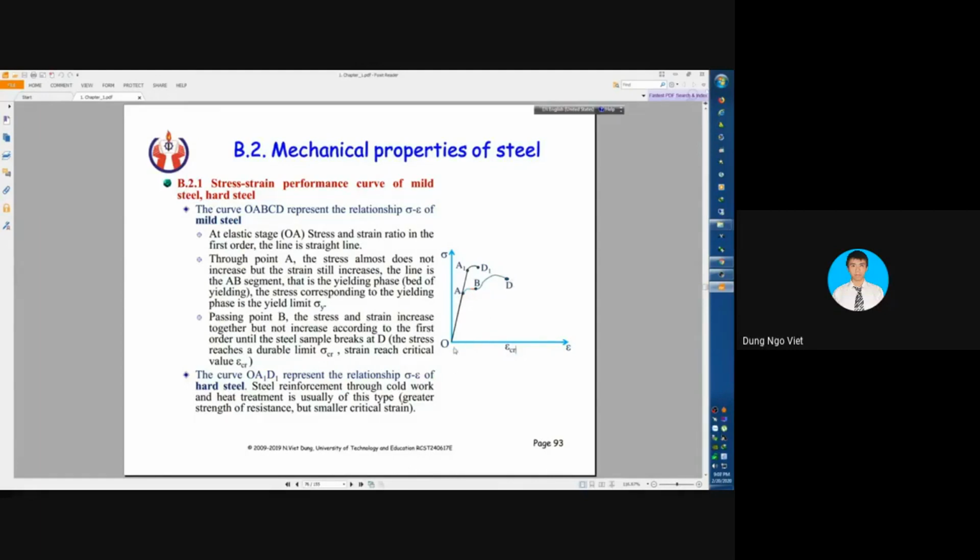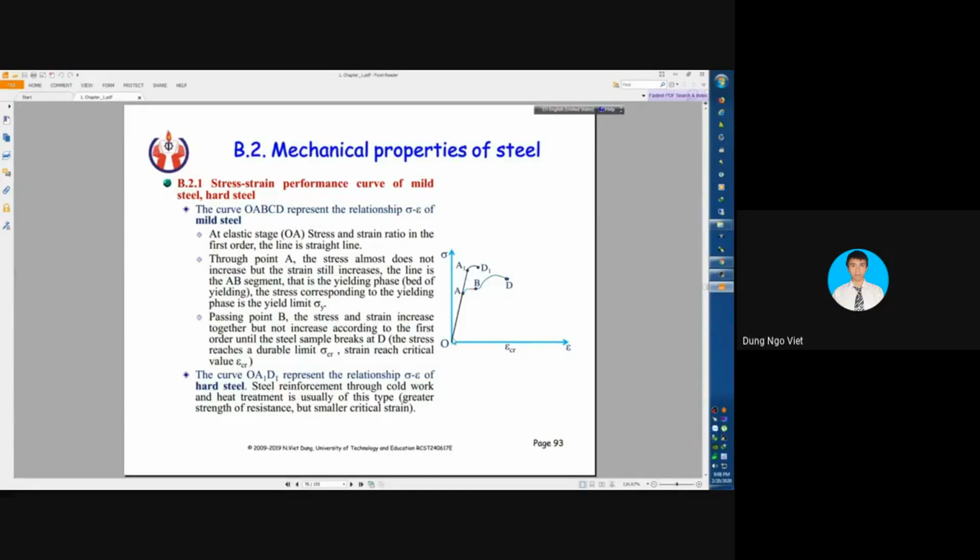For the hard steel, it will not go along OABCD, but along OAA1D1. The curve OAA1D1 represents the stress and strain relationship of the hard steel, and steel reinforcement through cold work and heat treatment is usually of this type.